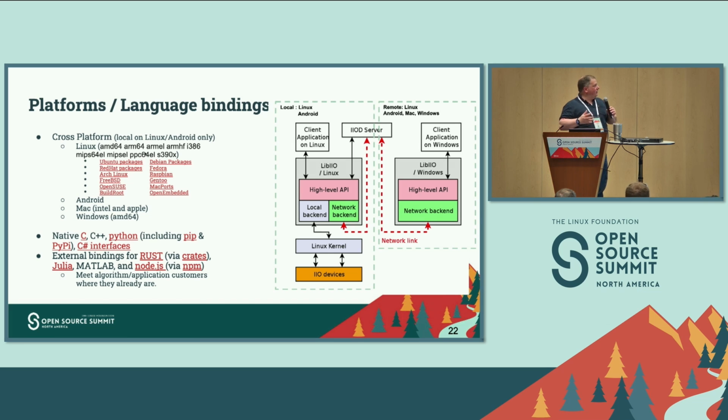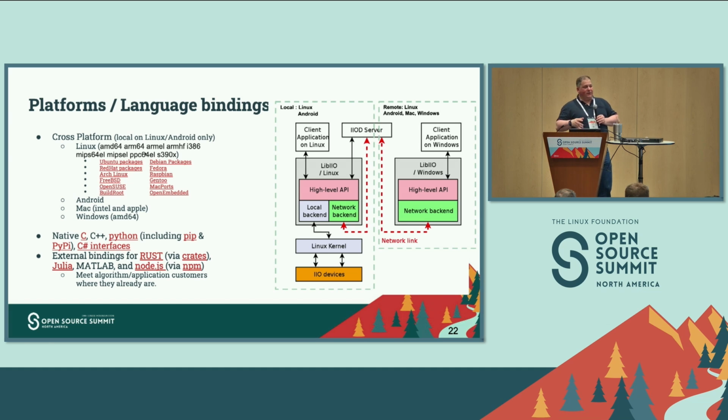Mac, Windows, and then from a language perspective, it's C, C++, Python, including pip and PyPI, C#, and then there's external bindings for Rust, Julia, MATLAB, and Node.js that other third parties have done based on their desire to do their algorithm development in whatever languages they were comfortable with.